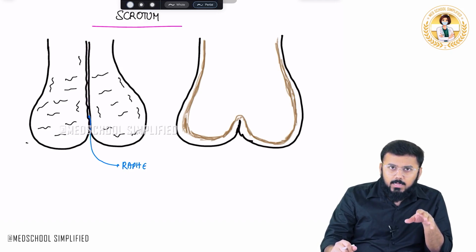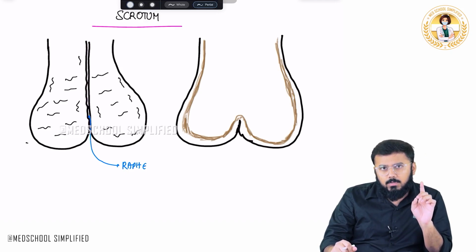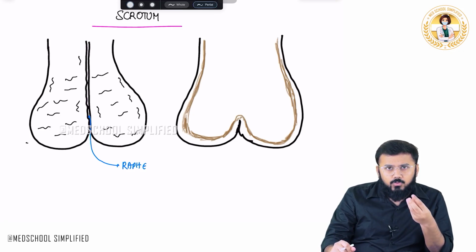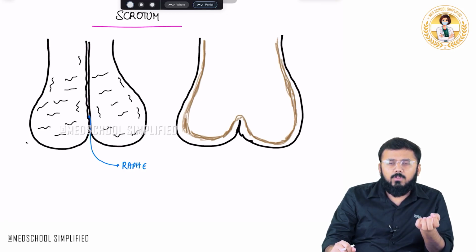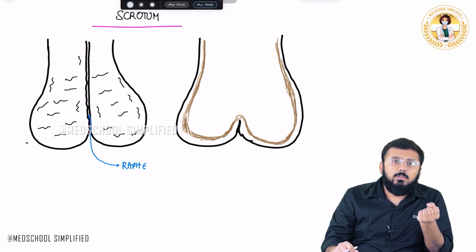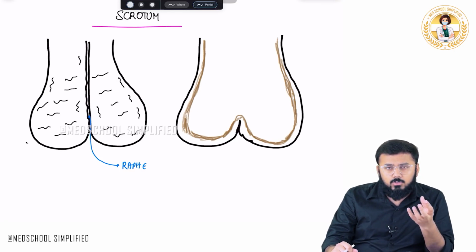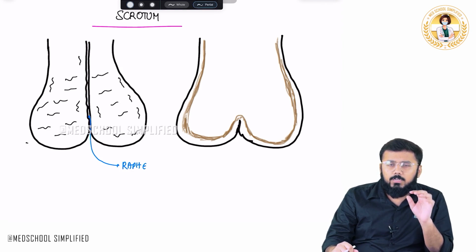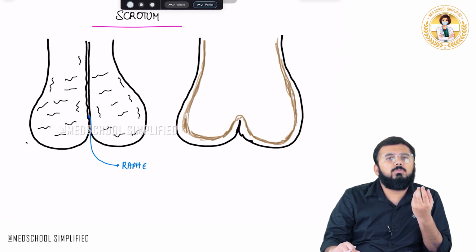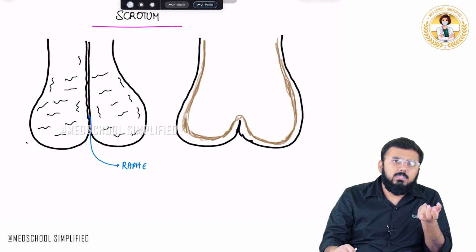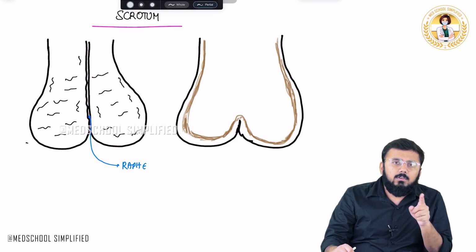The reason behind that is this Dartos muscle. When this Dartos muscle contracts, the scrotum becomes very small, right? Again, when this Dartos muscle relaxes, the scrotum hangs down. Why is this happening? When the Dartos muscle contracts and the scrotum becomes small, the surface area of the scrotum is less. The lesser the surface area, the lesser the exchange of temperature, right?